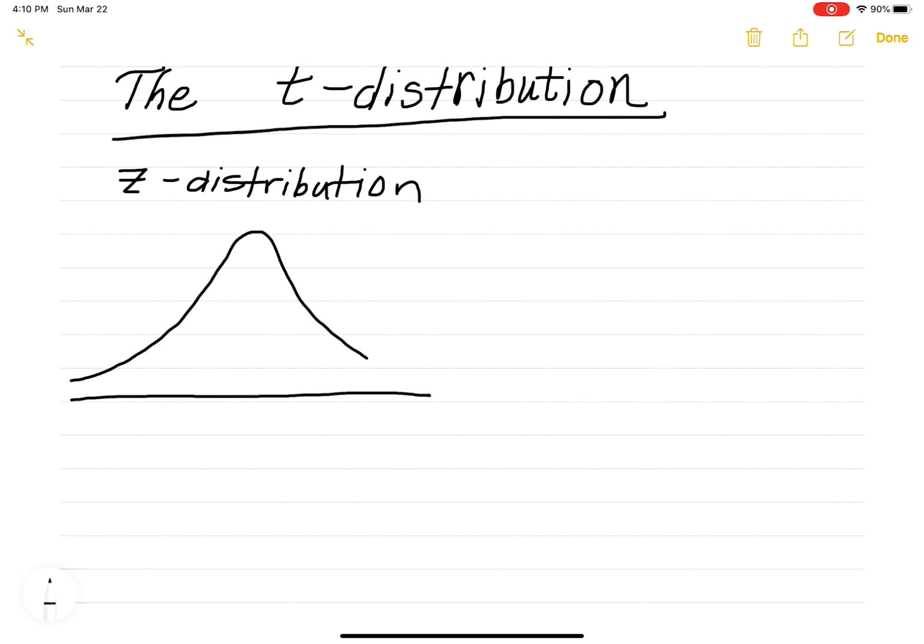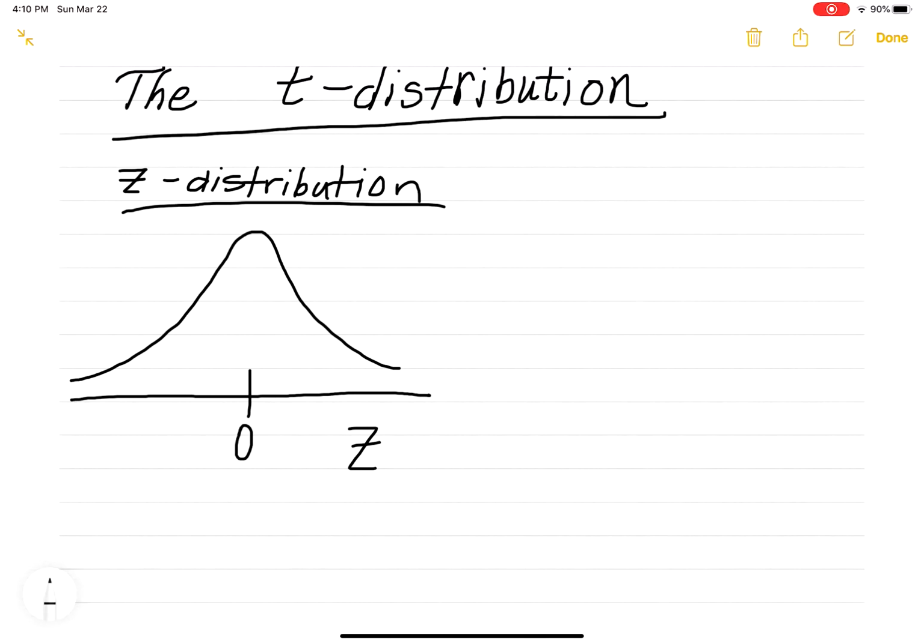Remember, in the center you have a central z-score of 0. That's the mean. And the standard deviation, remember, is 1 for the z-distribution. The z-distribution is sort of a bell-shaped curve.